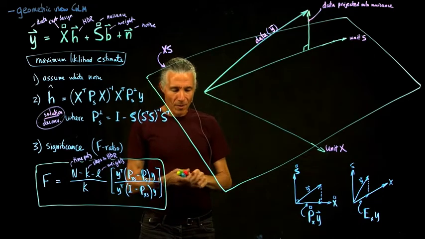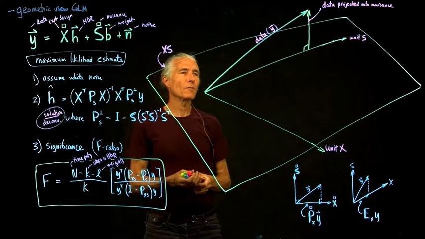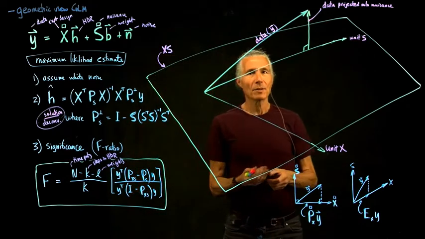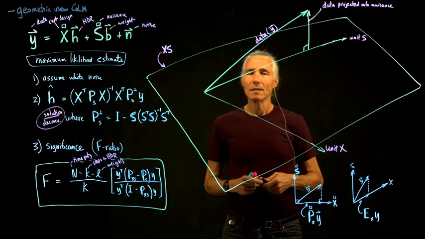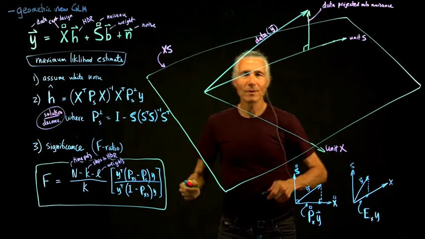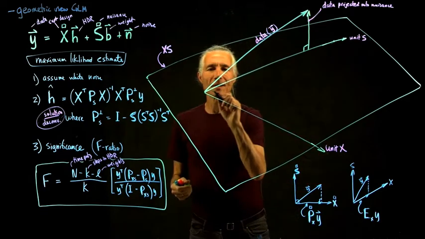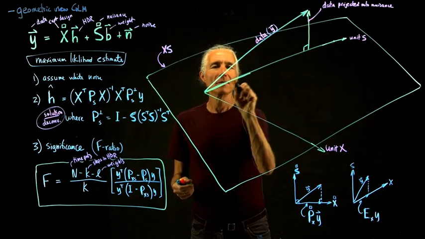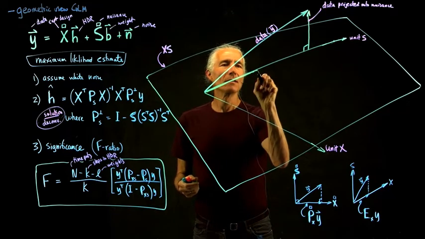But then we also might want to know how the data projects onto both of these guys. Where's that vector? That's yet another vector, so we're going to have to introduce 2 more.